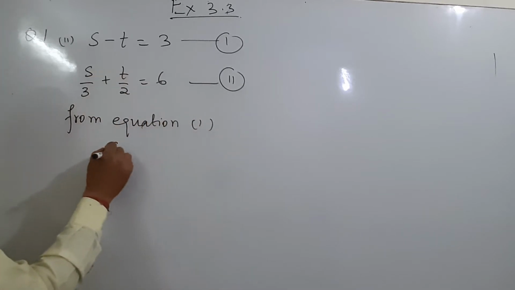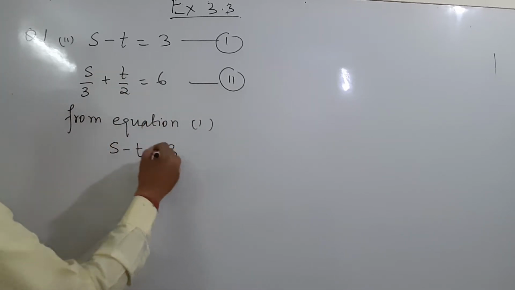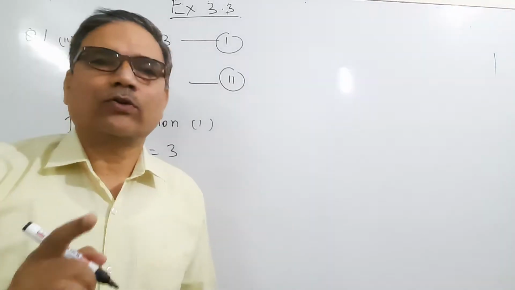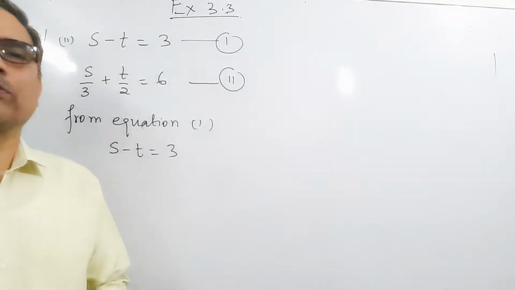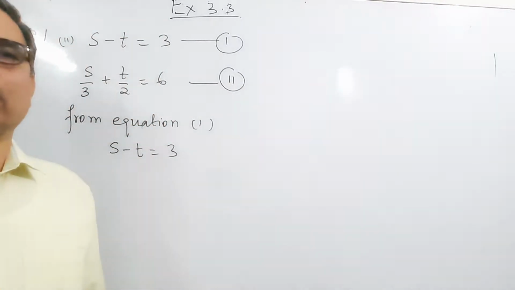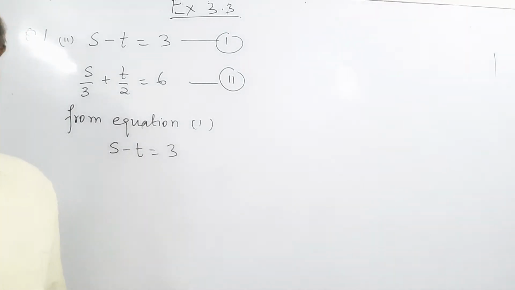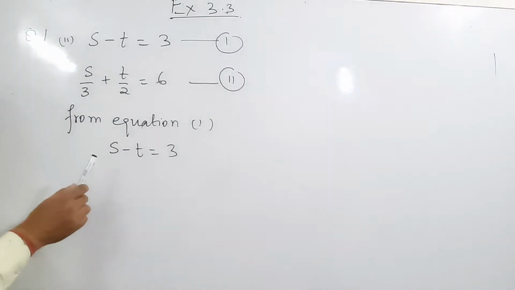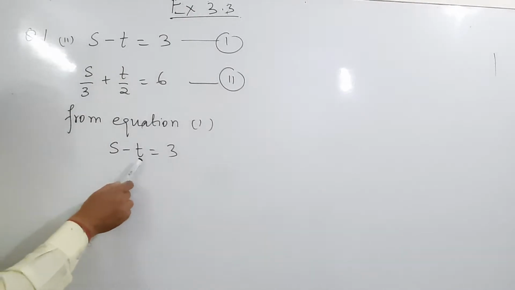What is the first equation? s minus t is equal to 3. What I told you is that you have to find one variable in terms of the other variable. Here are the two variables, one is s, the other is t.